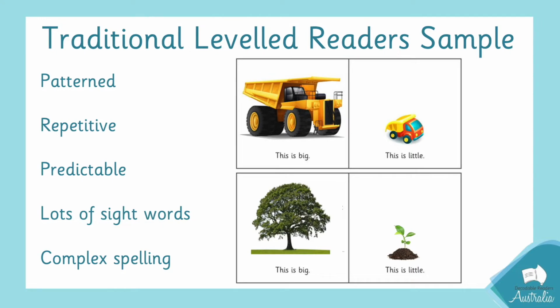Now, also with our leveled text are a high majority of what we used to call sight words. These are high frequency words, and these words often come with complex spellings that the students haven't been explicitly taught yet.